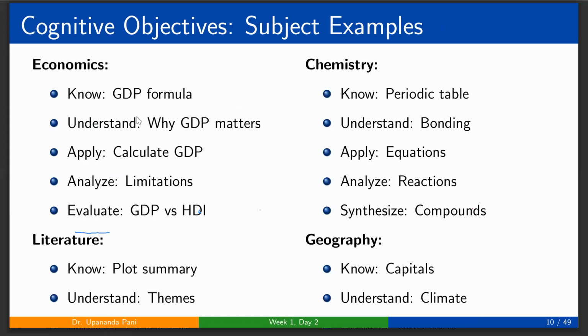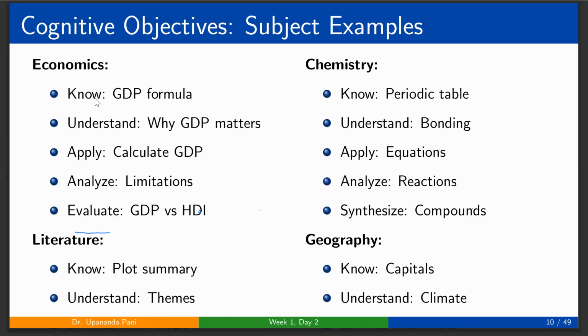Suppose, for example, in economics, we know the GDP formula: C plus I plus G plus X minus M, that is the GDP formula, we already know. It is important to understand why GDP matters.